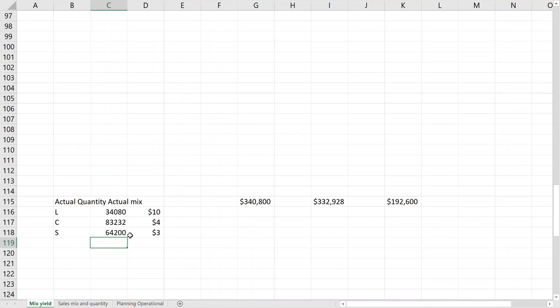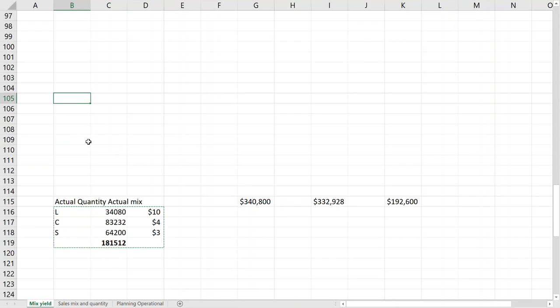Now if you look at this, total quantity is 181,512. This is the actual quantity that I've used. What I want to know is, what if I had used these in standard quantity? How much of L, how much of C, how much of S I would have used?